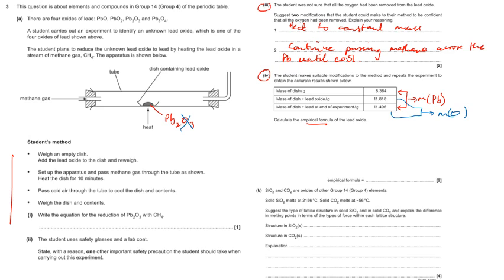You'd also have to take the mass of the dish off to get the mass. No, that's right, those two will give you the mass of oxygen.